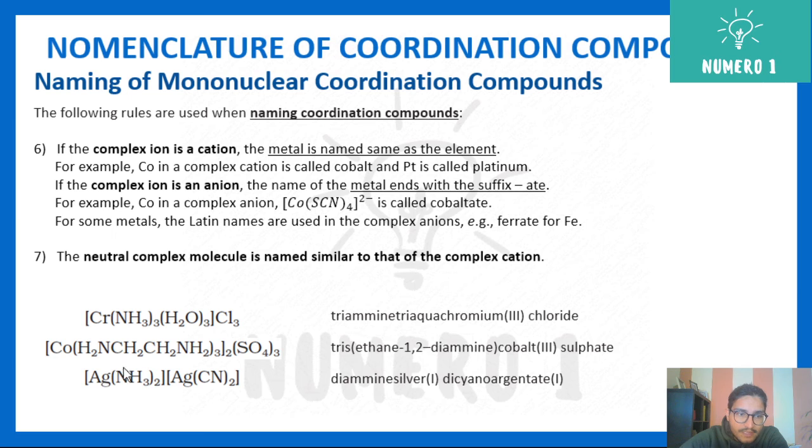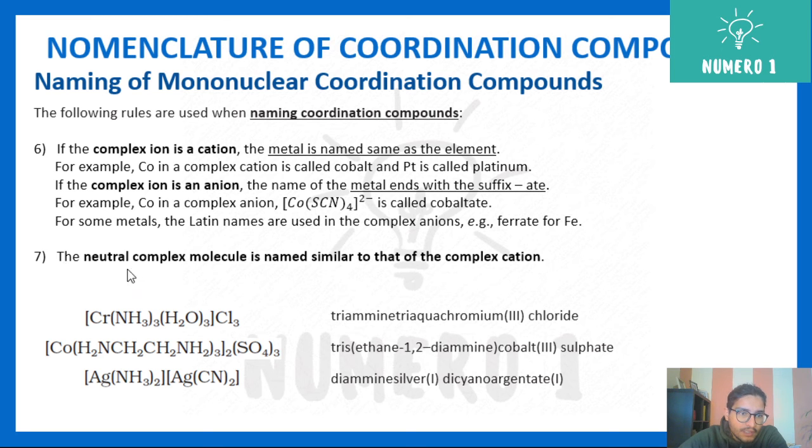When it is positively charged, we use diamminesilver(I), and when it is negatively charged, it becomes argentate. So instead of writing silver, we write argentate. In the same way, cobalt becomes cobaltate, chromium becomes chromate, and iron becomes ferrate. These are the Latin names that we will use.